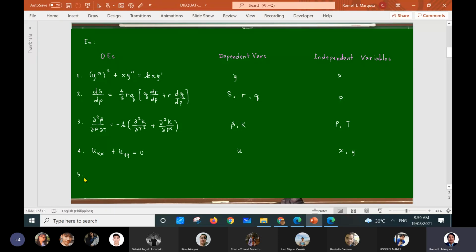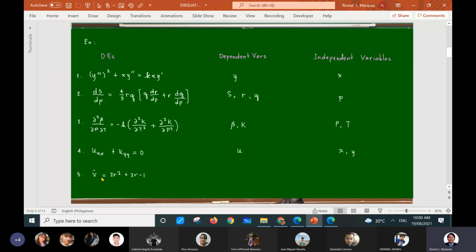Number 5. We have the derivative of V with respect to R. I am differentiating actually with respect to R. Then 2R squared plus 3R minus 1. So this is what?